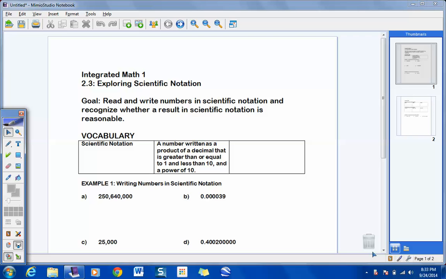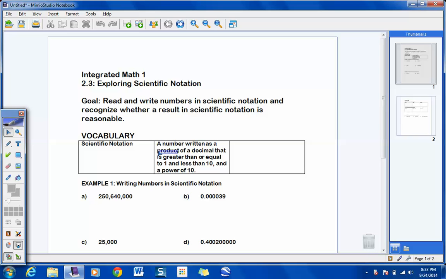Our definition of scientific notation says a number written as a product, meaning multiplication, of a decimal that is greater than or equal to 1 but less than 10, and then that second number is a power of 10.